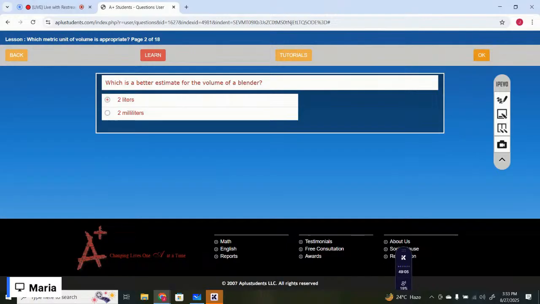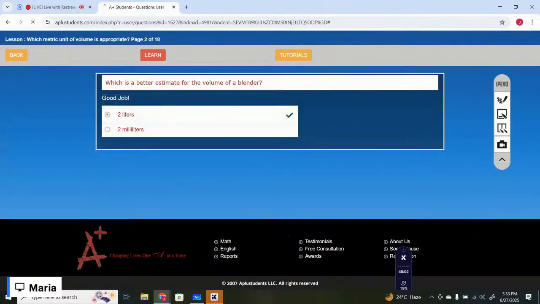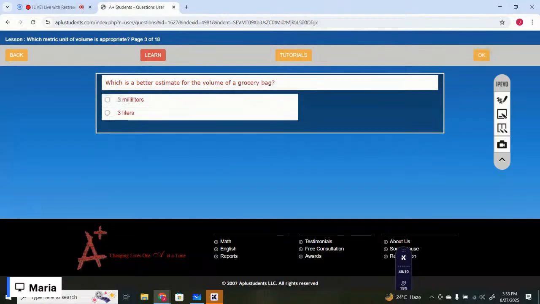Option number 1 is the correct option. Which is a better estimate for the volume of a grocery bag? The grocery bag would be 3 liters. Option number 2 is the correct option.